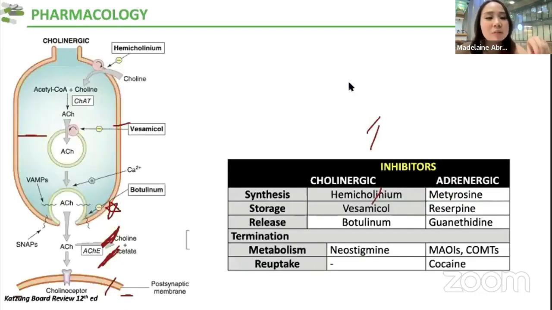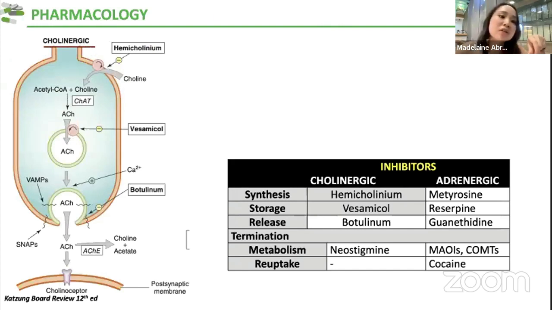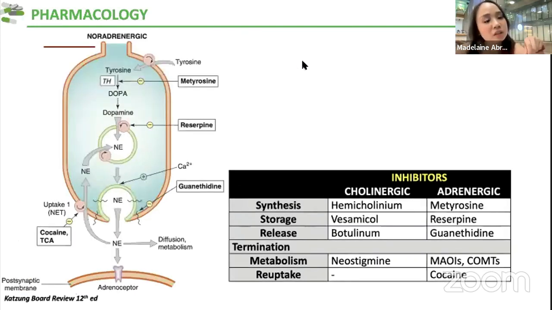Okay? Now for your autonomics, let's emphasize particular drugs. For autonomics, what I just want to emphasize here is your cholinergic versus your adrenergic neurotransmitter. So cholinergic, then you also have your adrenergic. Okay?